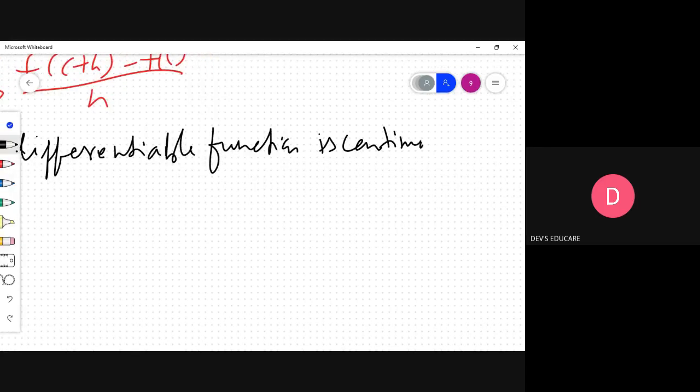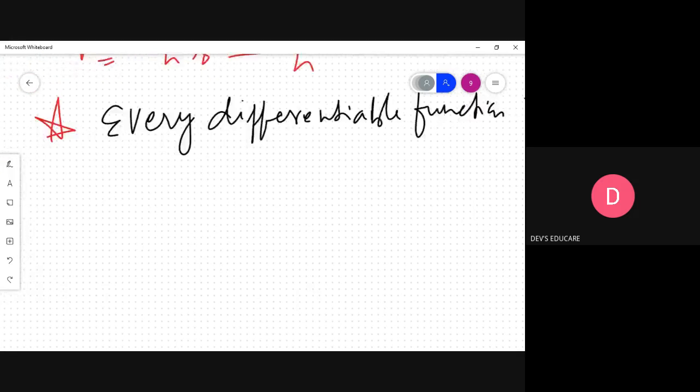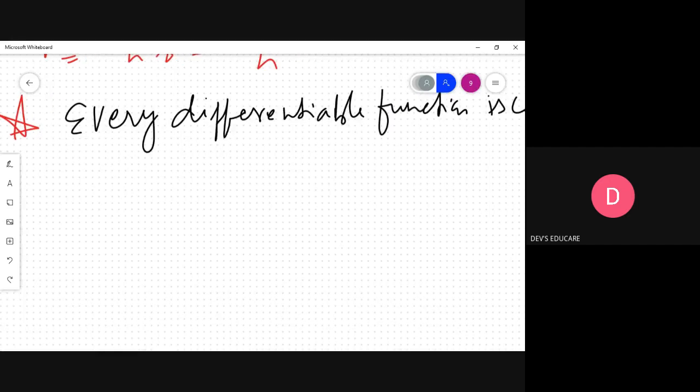So first of all, we shall check the continuity of the function. If the function is not continuous, then it can't be differentiable. Got it?